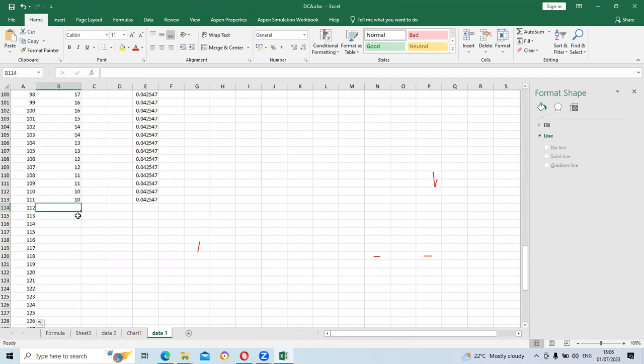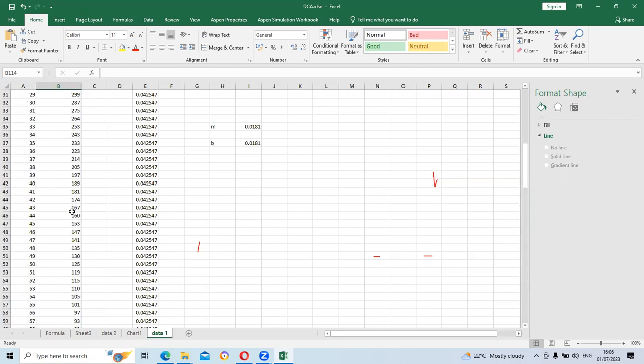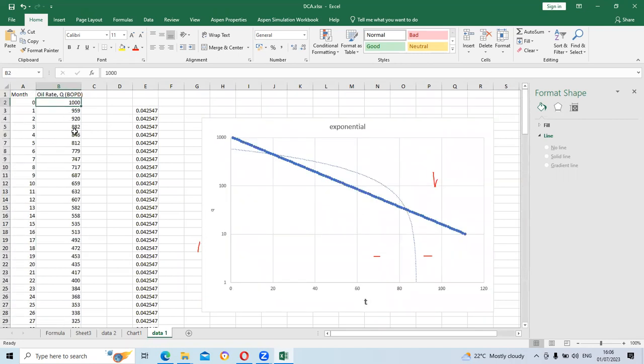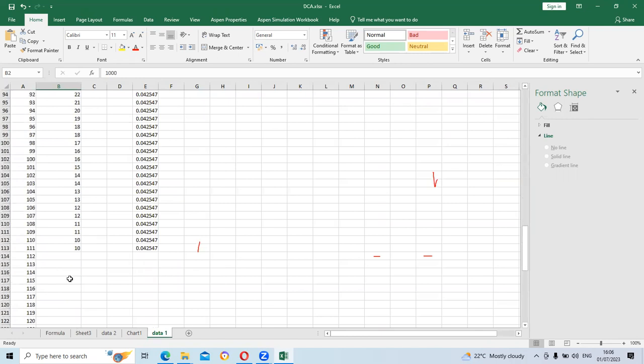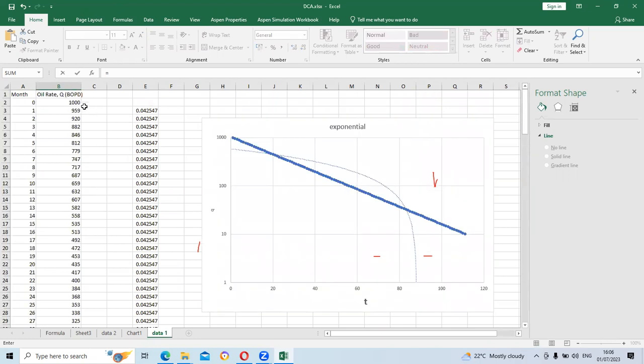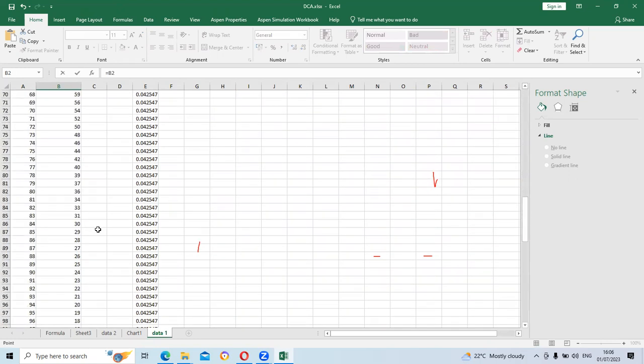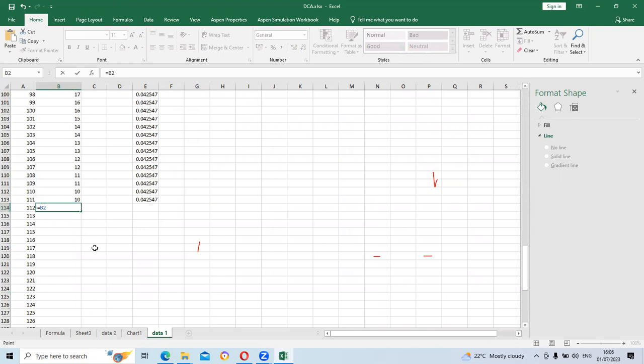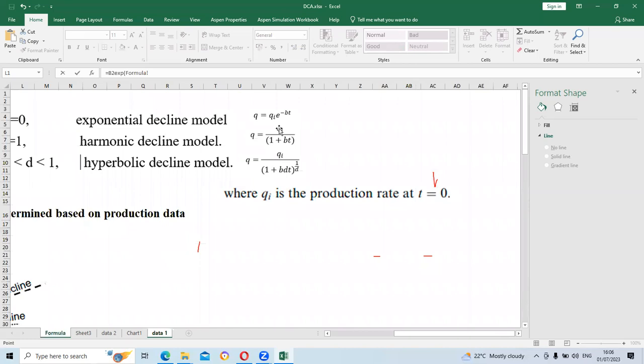So that formula now is going to be the initial flow rate. We are at 1,000. Since I want to put a formula, I will put equal to my initial flow rate, which is 1,000, exponential, exp into negative bt.